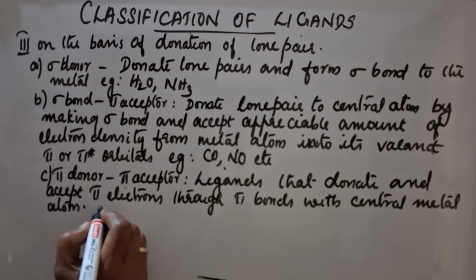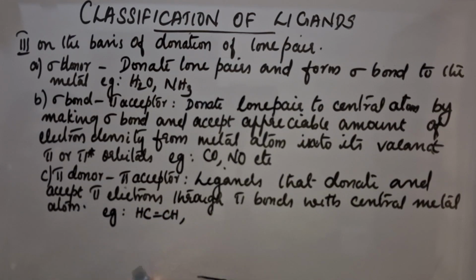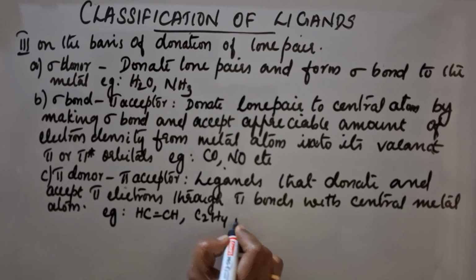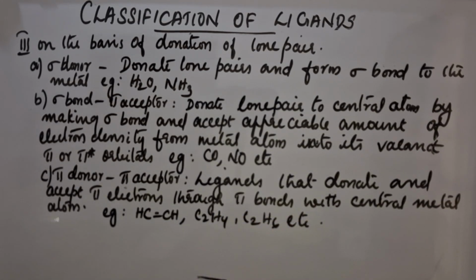Examples are ligands containing double bonds, C2H4, C2H6, etc. These are the different categorizations.